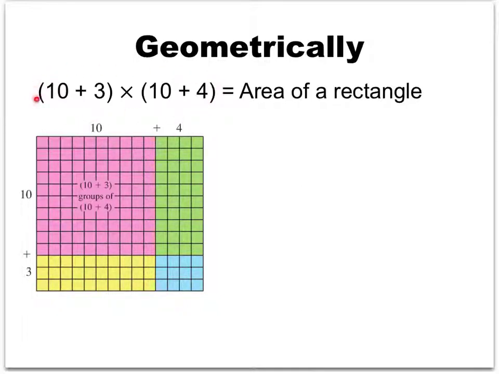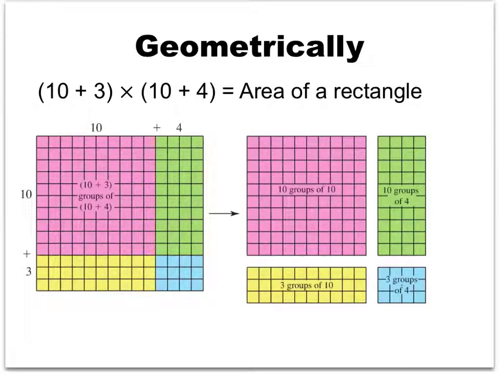So this expression here represents the area of this rectangle, or stated another way, it's the number of these little individual squares that we have here. So we could count the number of squares there, but let's look at how we can find that using multiplication. So let's take this big rectangle here and break this up as 4 smaller rectangles. And so let's find the area of each one of these smaller rectangles.